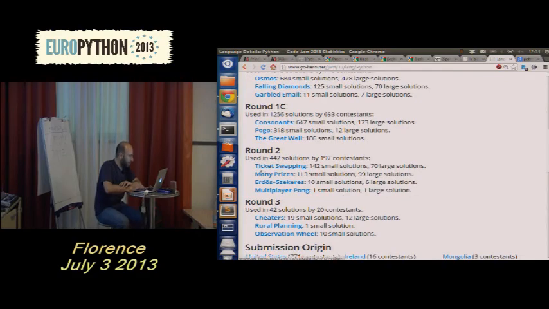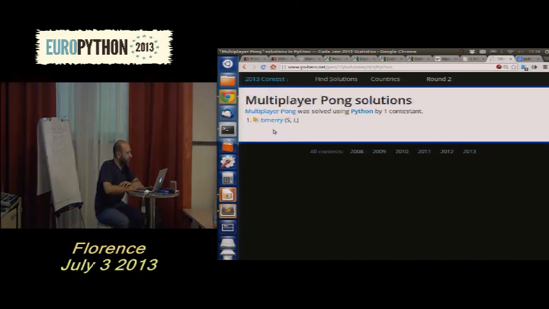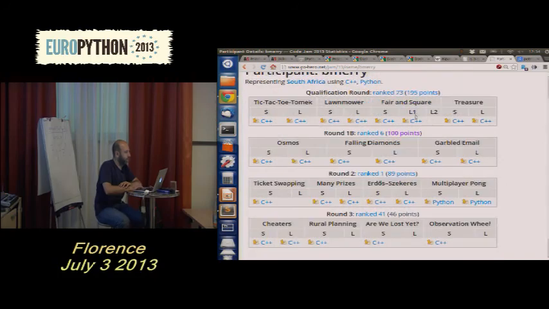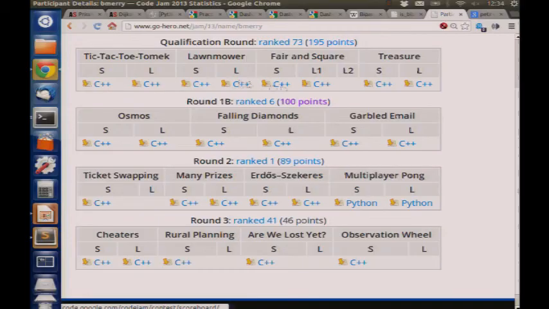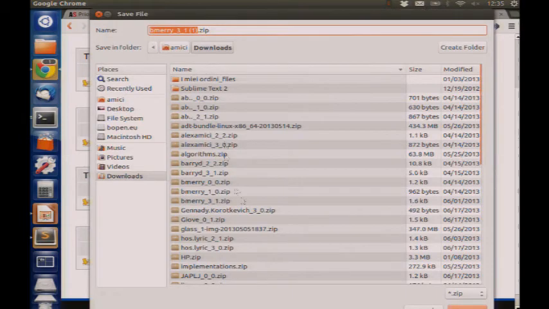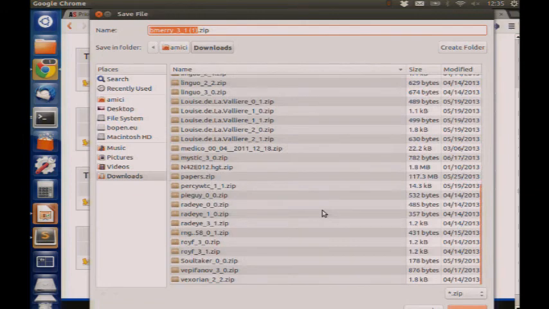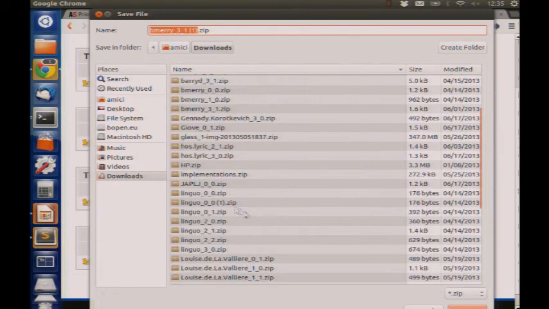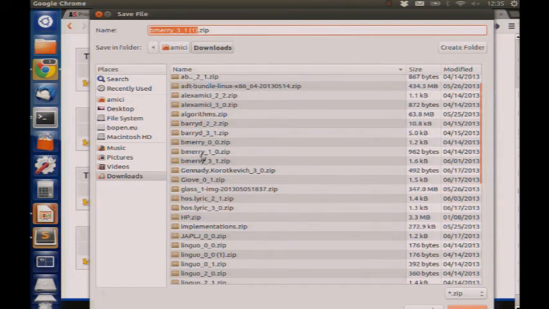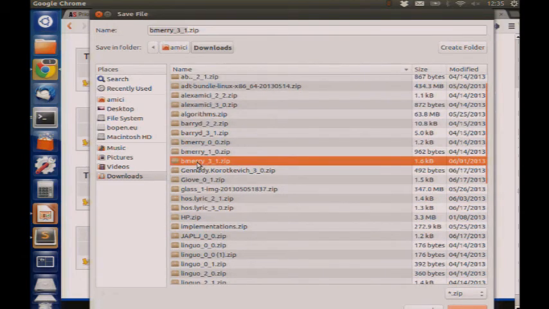I think this one is the one that I was talking about. Be Merry, as you can see, is a C++ programmer, but with 30 minutes left in the competition, he produced this. As you can see, I usually look at what other people do to learn, and I suggest you do the same.